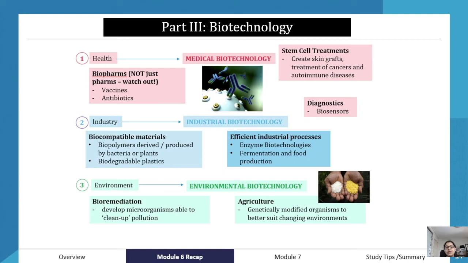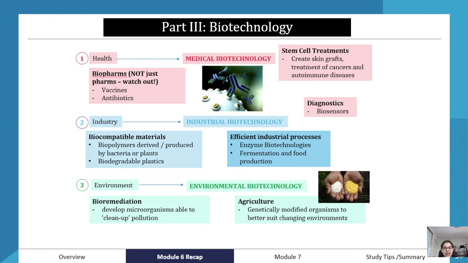We also have industrial biotech. Some examples include biocompatible materials like biopolymers derived from and produced by bacteria or plants, as well as biodegradable plastics. Living in a world where we are currently dealing with the effects of climate change, along with many other issues, biodegradable plastics will play a huge role in the way in which our world functions.